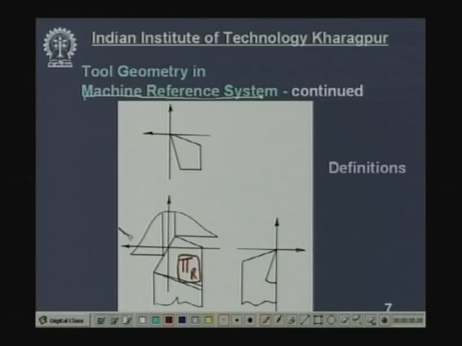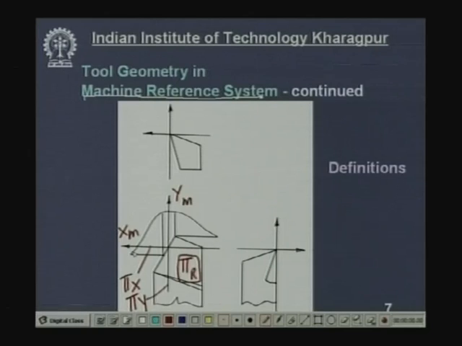This is the x axis XM, and the plane perpendicular to pi r is pi x. This axis is YM, and this plane is the machine transverse plane pi y.